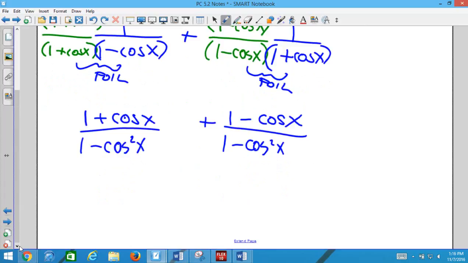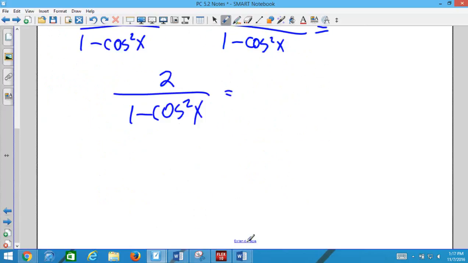And cancel middle terms. And then from here, we add together our numerators, and we get 2 over 1 minus cosine squared x. And then we go to our Pythagorean identities, because anytime you see like a 1 minus, there might be a Pythagorean identity involved. And is this one of them from that sheet? It is sine squared.